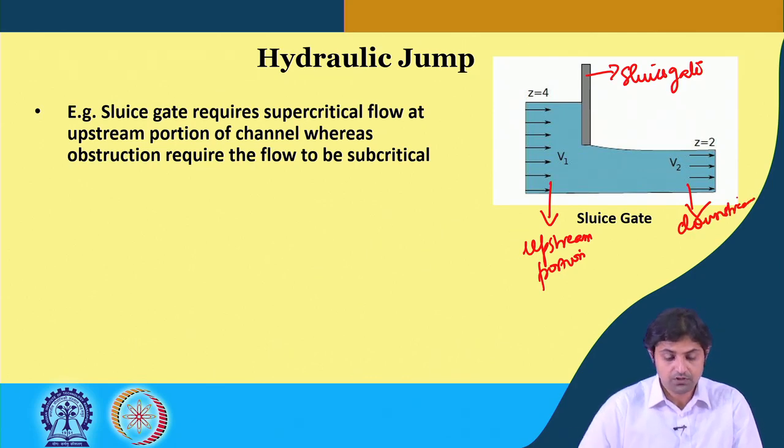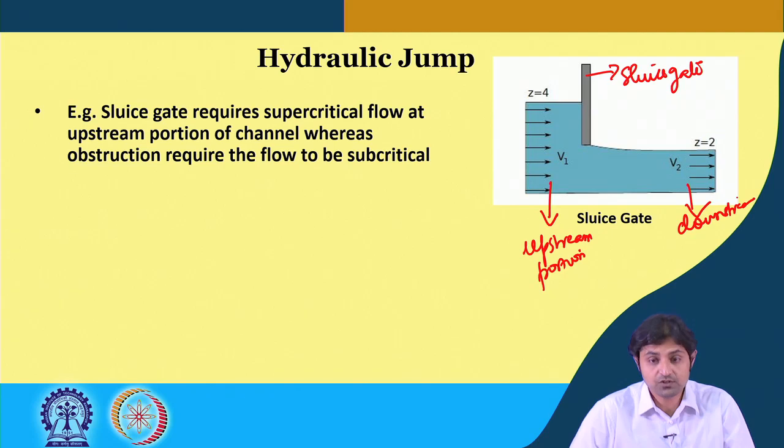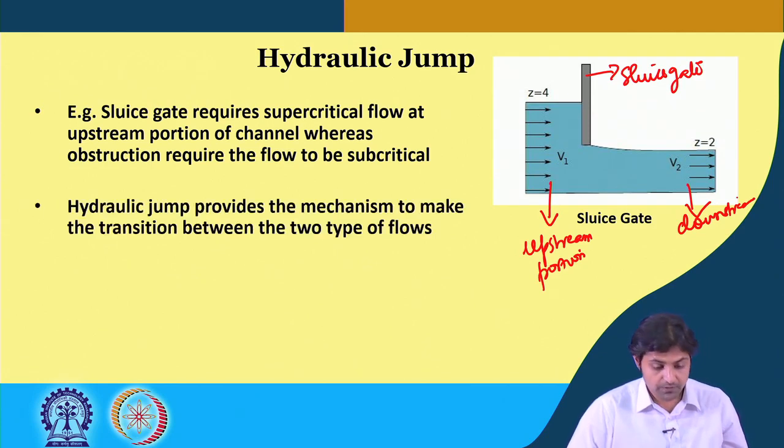Sluice gate requires supercritical flow at the upstream portion of the channel, whereas the obstruction at the downstream portion requires the flow to be subcritical. This phenomenon called hydraulic jump provides the mechanism to make the transition between the two types of flow.